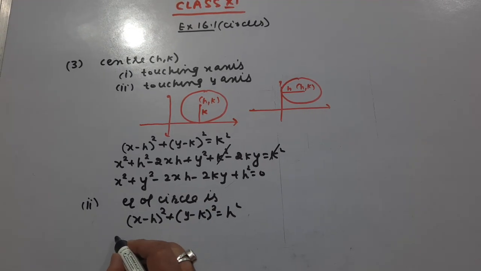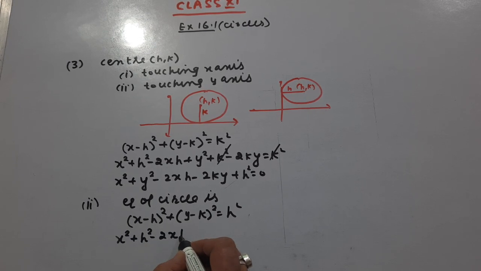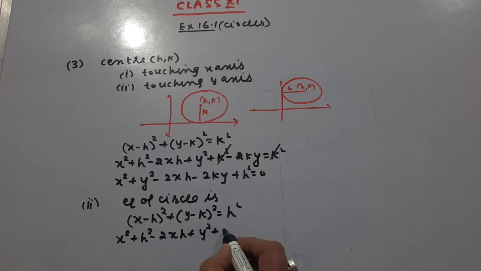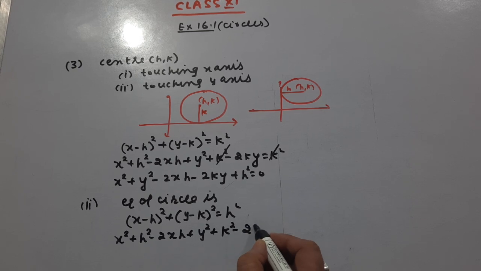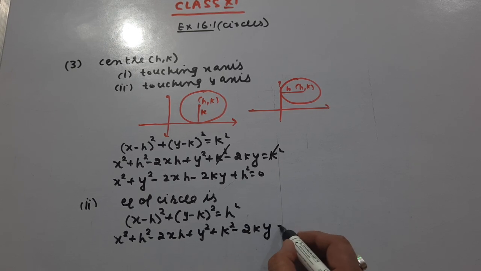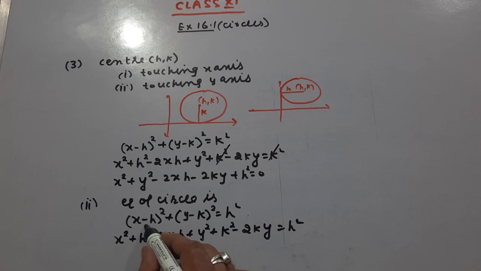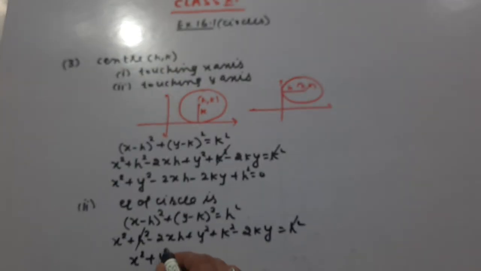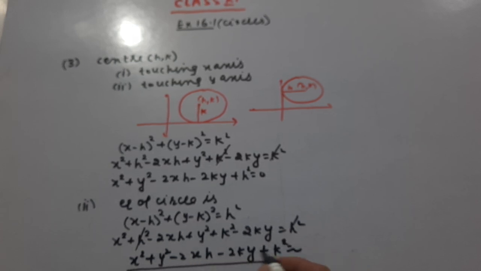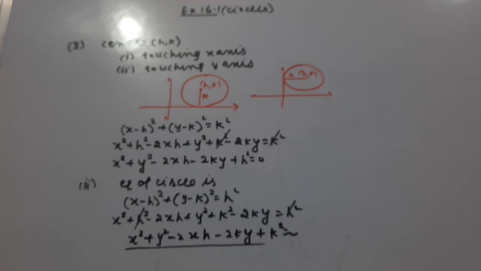So solving, x square plus h square minus 2xh plus y square plus k square minus 2ky equal to h square, cancelling h square with h square. So we get x square plus y square minus 2xh minus 2ky plus k square equal to 0. This is the required equation of the circle.